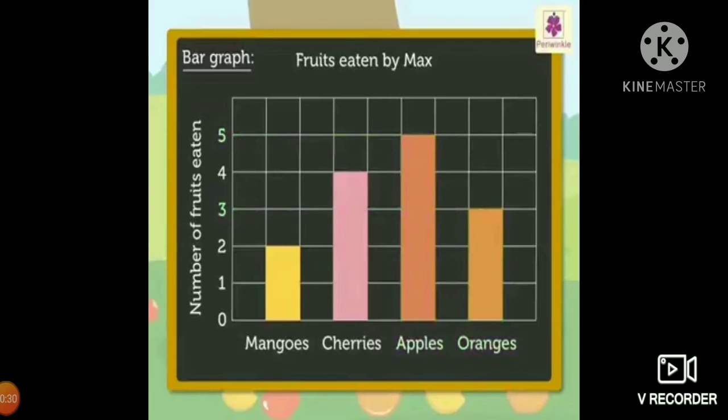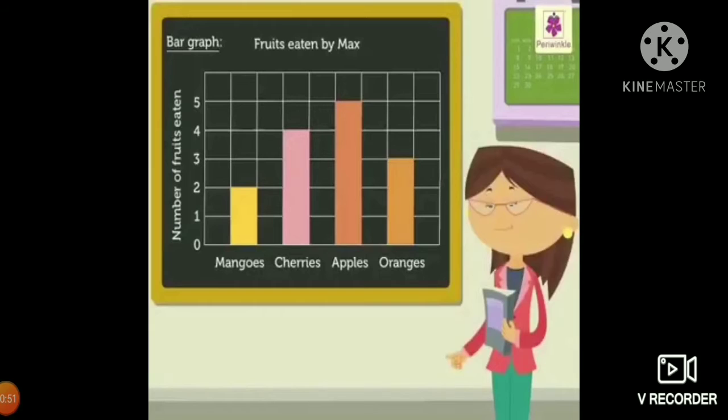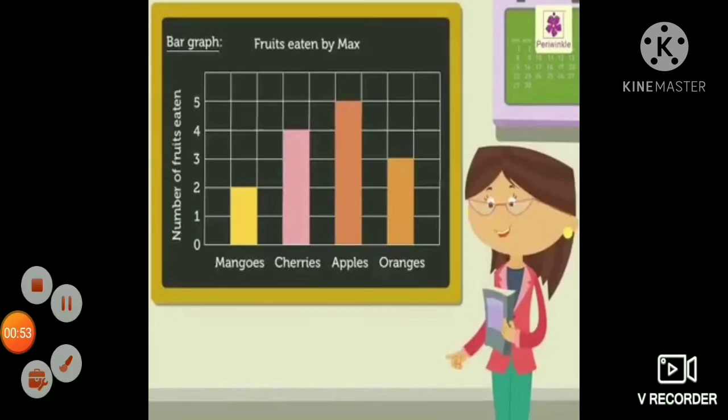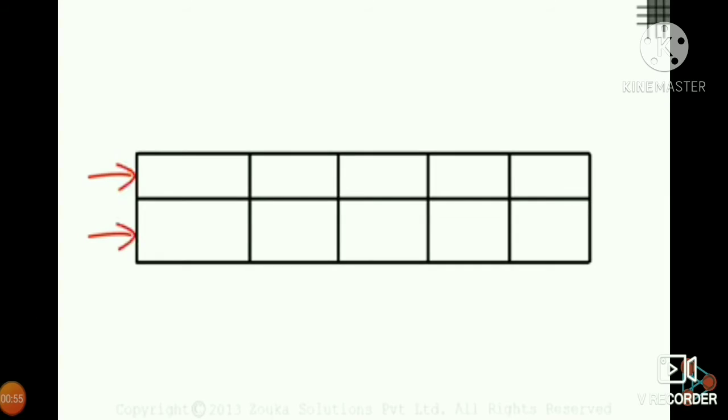Max ate 2 mangoes, 4 cherries, 5 apples and 3 oranges. This is representing the data, the fruits eaten by Max.